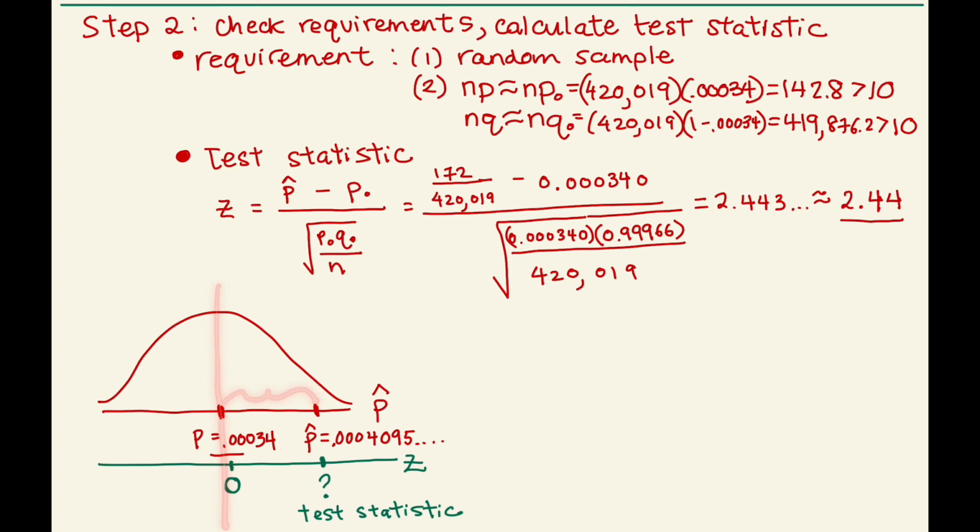So this value we see right here, the test statistic, is 2.44. So these are fairly far apart. They're almost 2.5 standard deviations apart, between my null p and my sample data. That's pretty far, because we remember that 2 standard deviations is usually our cutoff for unusually high or unusually low.